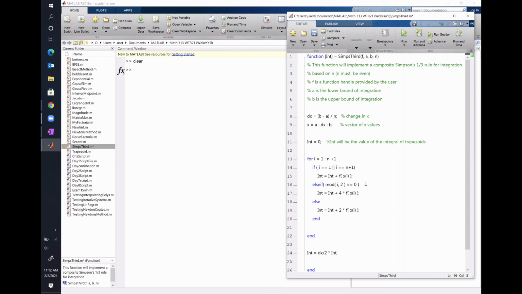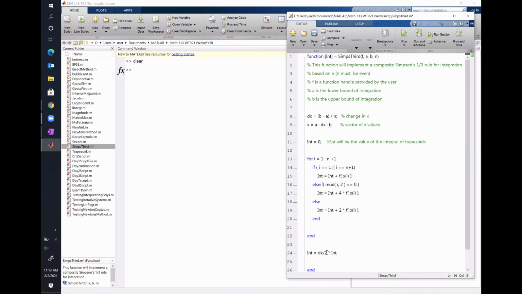And I said in Matlab that my even indices are going to be when I get a coefficient of 4 on my function value, because we had a 1 shift in our index. Initially, it was all the odd coefficients. Well, here it's all the even coefficients. For f of x sub even number, I should multiply that function value by 4 and add it to what I've already got.